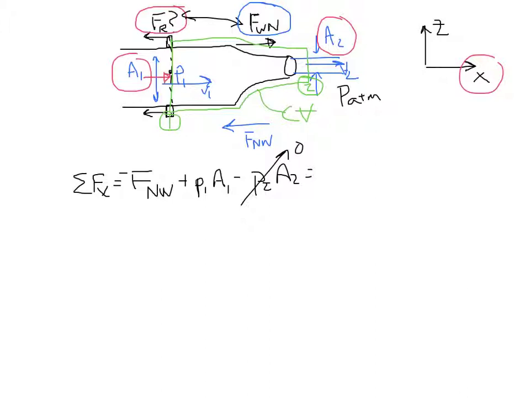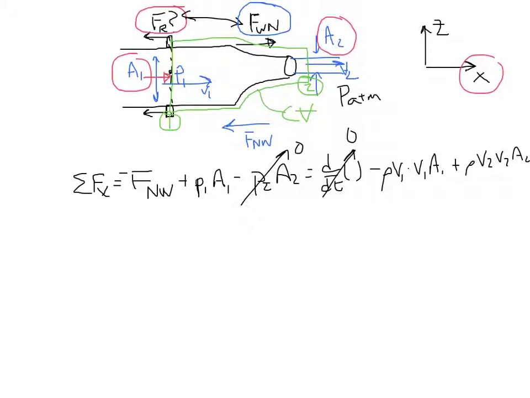Now that's equal to our d by dt term. That term is going to be 0 because it's steady. Then we have minus the inflow, so that's minus rho V1 times V1 A1, plus the outflow, so rho V2 times V2 A2.